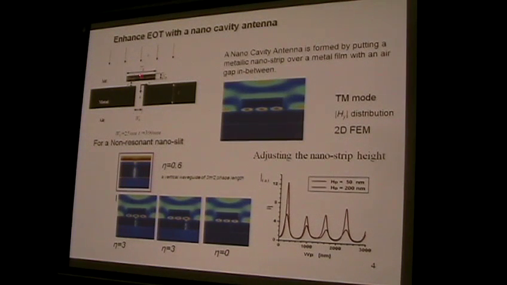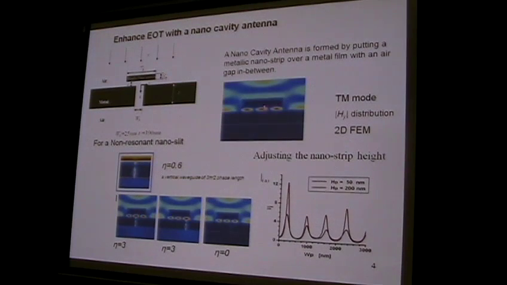So now, without this nano antenna, without the cavity and only this Fabry-Perot resonance, when it's not in resonance, the transmission is not so high. The transmission efficiency is only 0.6, and now we're putting this gold nano layer on top, right in front of the opening.